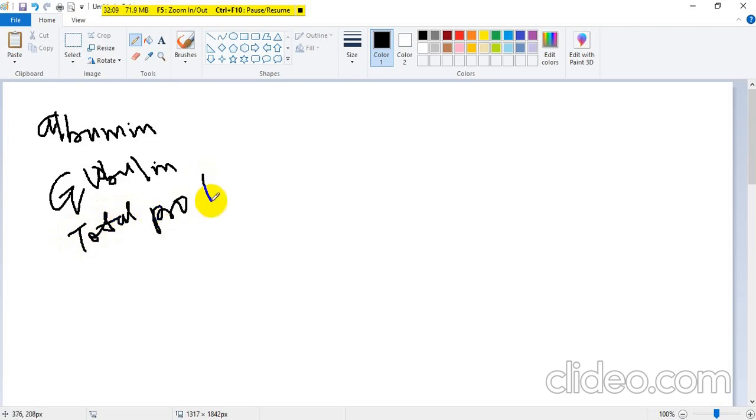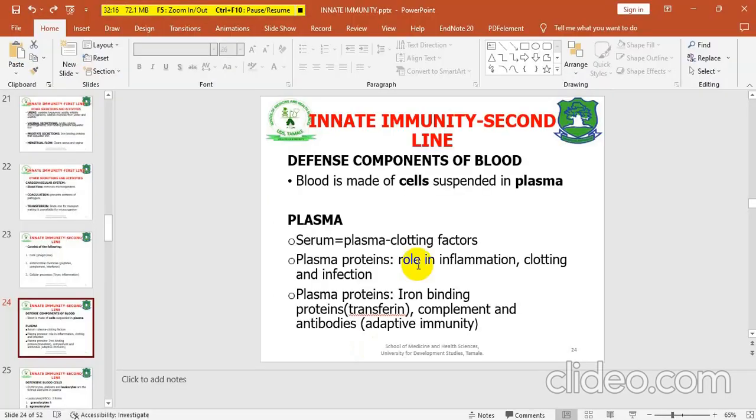They play a role in inflammation, blood clotting, that's the fibrinogen, and infection.